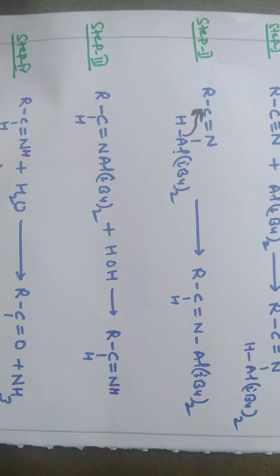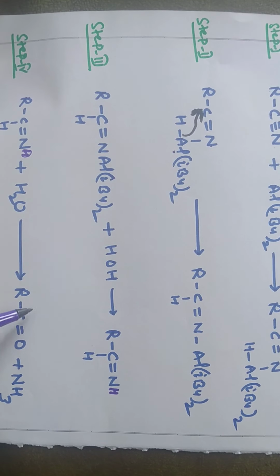Now after that, a second hydrolysis occurs. Again a water molecule comes, and this hydrogen and the nitrogen NH and H2 combine together to form NH3, and oxygen is attached by a double bond.